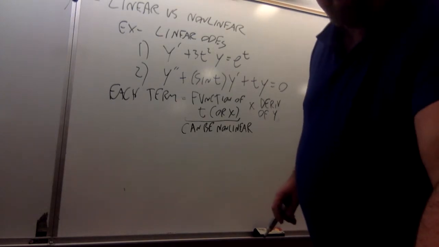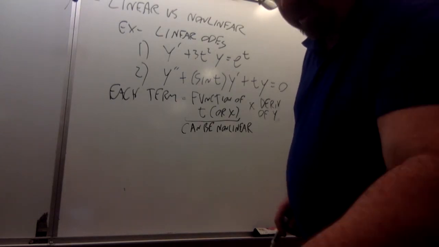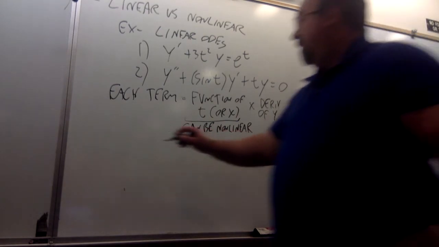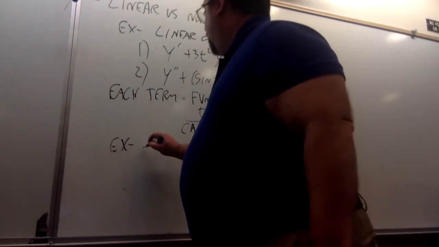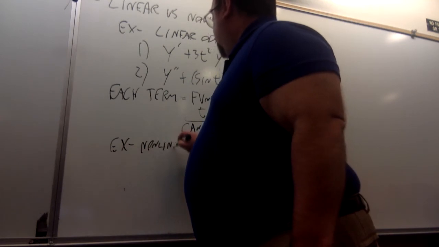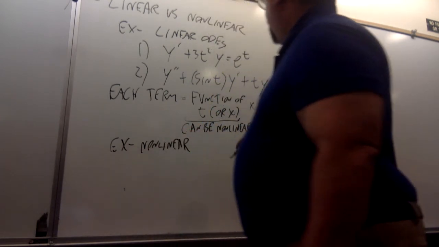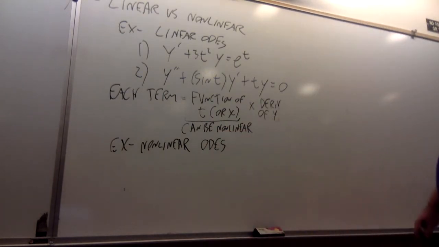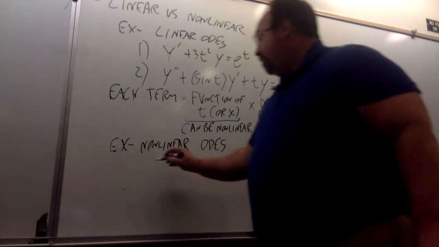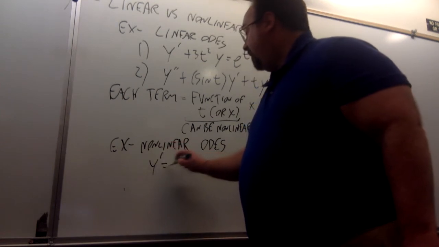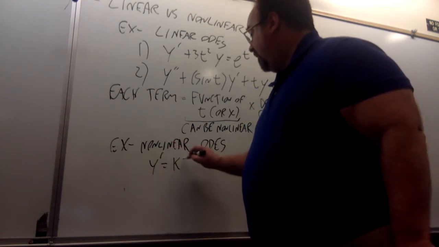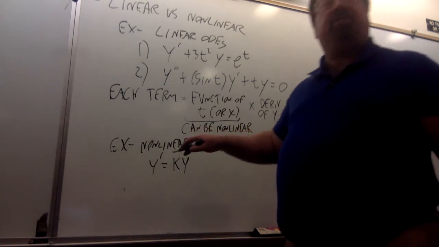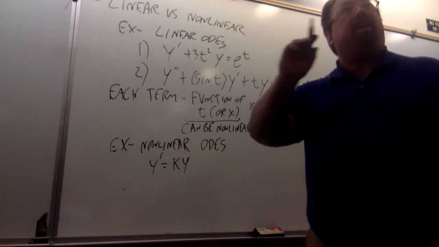Now, to help you see it more clearly, let's show some nonlinear ODEs. So for example, y prime is equal to k times y. Now this by itself, what I've just written up to this point, is linear, but now I'm going to make it nonlinear.